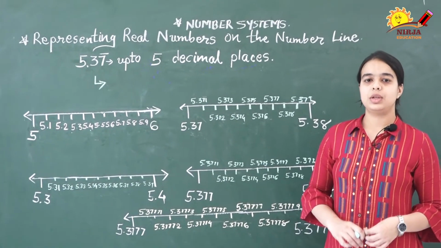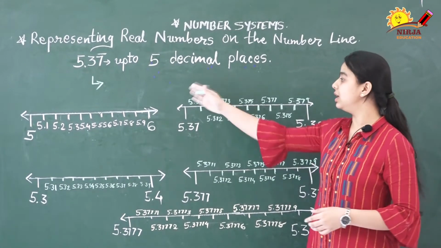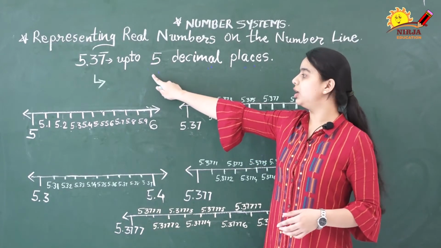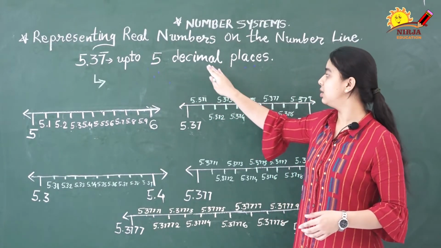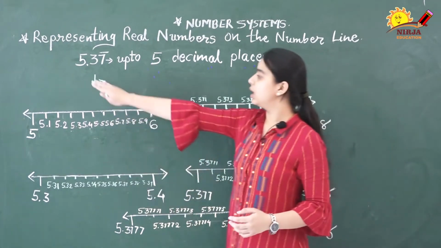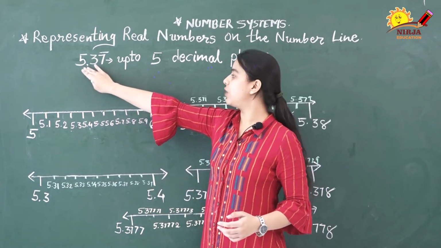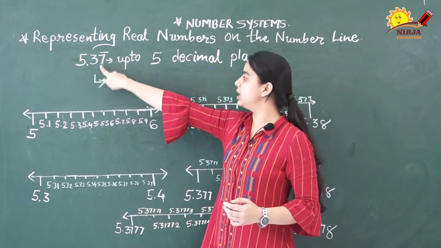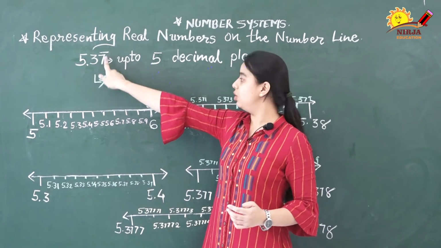Now we are going to see how to represent a real number on the number line which has a non-terminating repeating decimal expansion. Let's see how to do this. Here I have taken one number which is 5.37 with the 7 repeating. Here only one digit is repeating, 7, that we can come to know by this symbol.